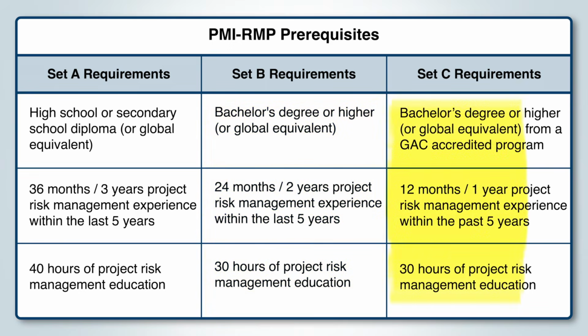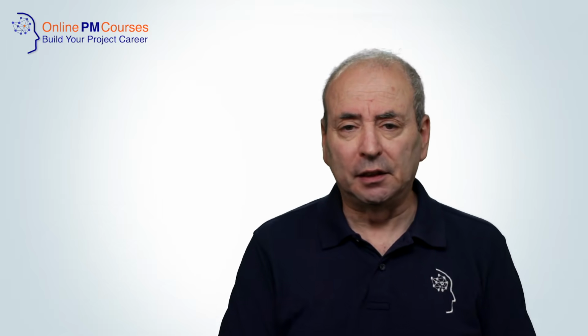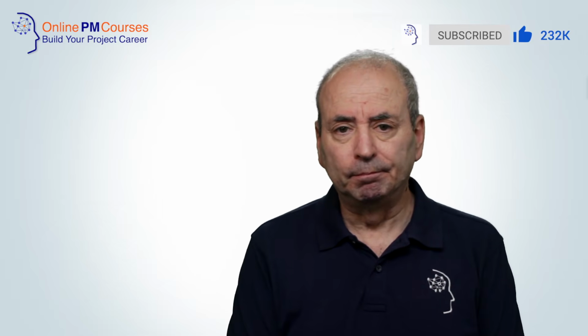Set C requires a bachelor's degree or higher, or the global equivalent from a GAC accredited program, along with 12 months or a year of project risk management experience within the last 5 years, and 30 hours of project risk management education. But these requirements can change from time to time, so it is always wise to check the PMI's website for the latest specifications.